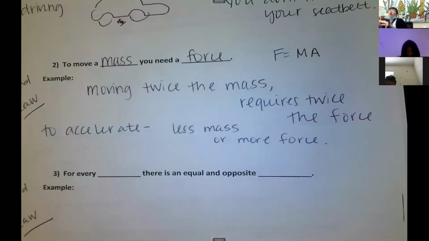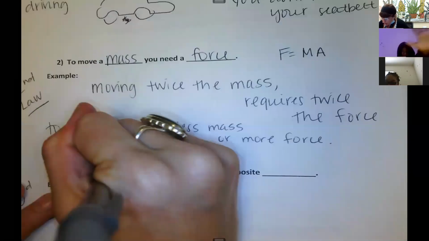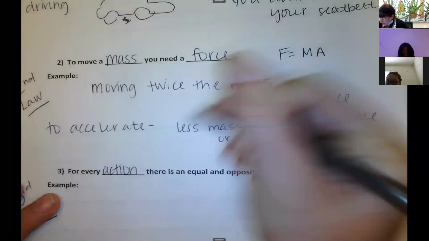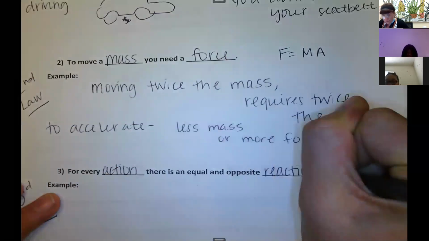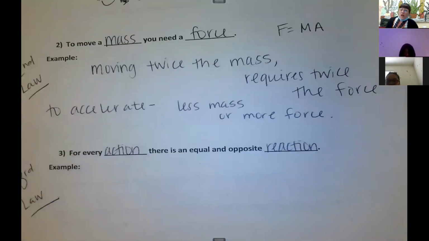Oh, this is my favorite one because it applies to your test. If you study more, you get a better grade because for every action, there's an equal and opposite reaction. This is why if you let a balloon go, the air comes out this way, but the balloon flies that way.